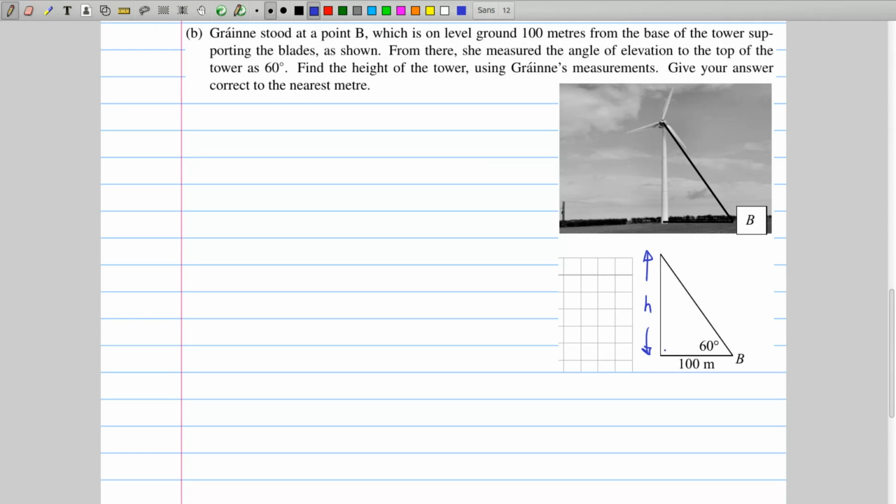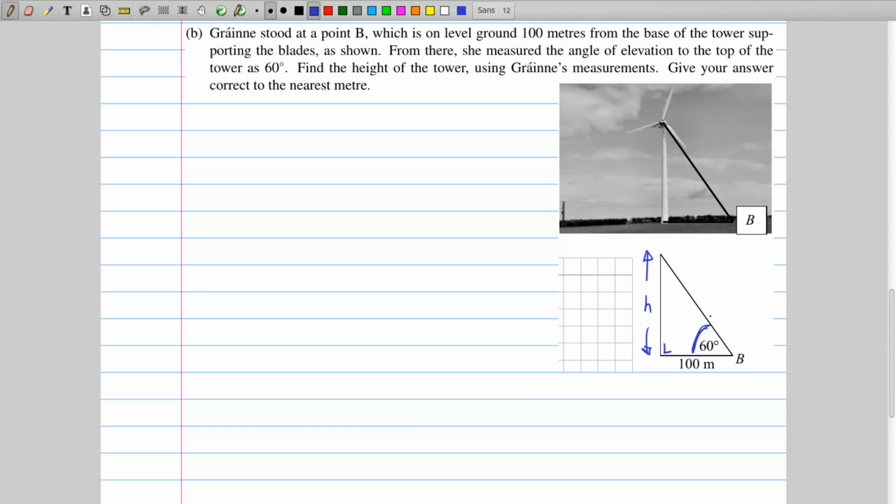The wind turbine is vertical, so what we're allowed to assume is this is a right-angled triangle. And with that information, we're allowed to use things like Pythagoras' theorem and the trigonometric identities. The one that applies here is tan, because we have an angle 60 degrees. We are looking for the opposite side, and we have the adjacent side.